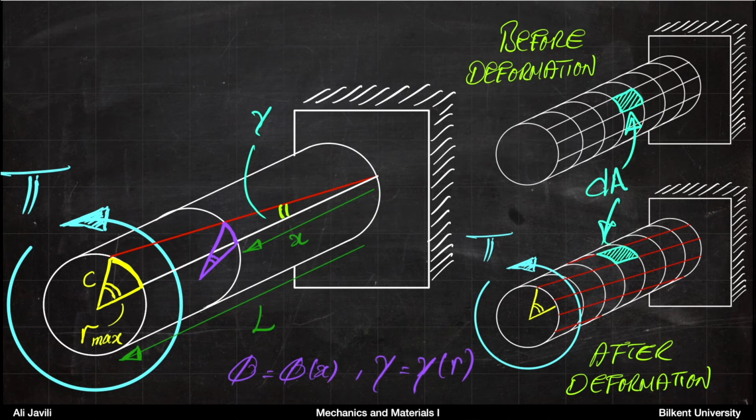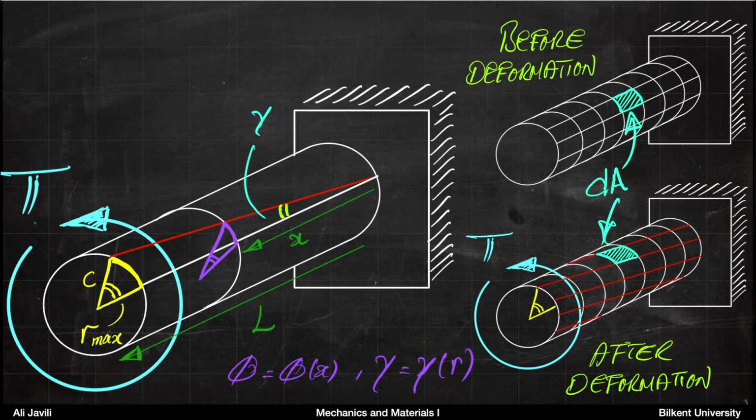Now if you look at these two angles, angle phi is a function of x. You can see at different cross sections, at different x, you get different angles. But the other angle, gamma, is not changing with the cross section, but it is changing with the radius.